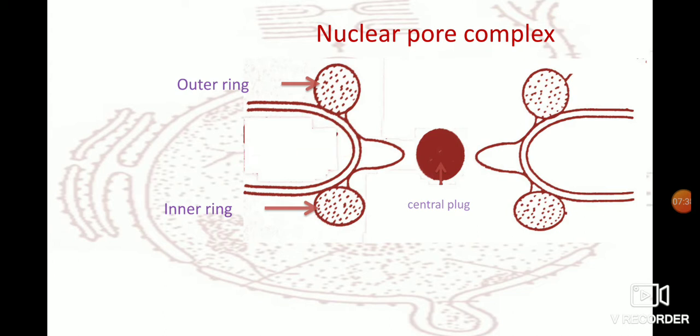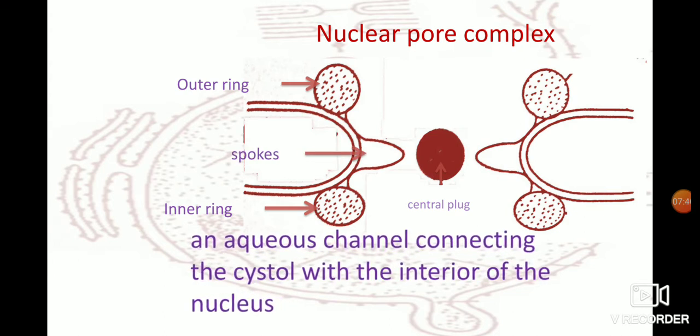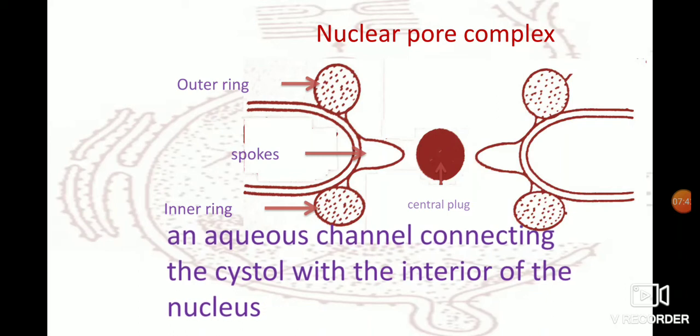The nuclear pore forms an aqueous channel connecting the cytosol with the interior of the nucleus. When materials are to be transported through the pore, it opens up to form a channel some 25 nanometers wide. This channel is large enough to allow the passage of large assemblies like the ribosomal subunits.